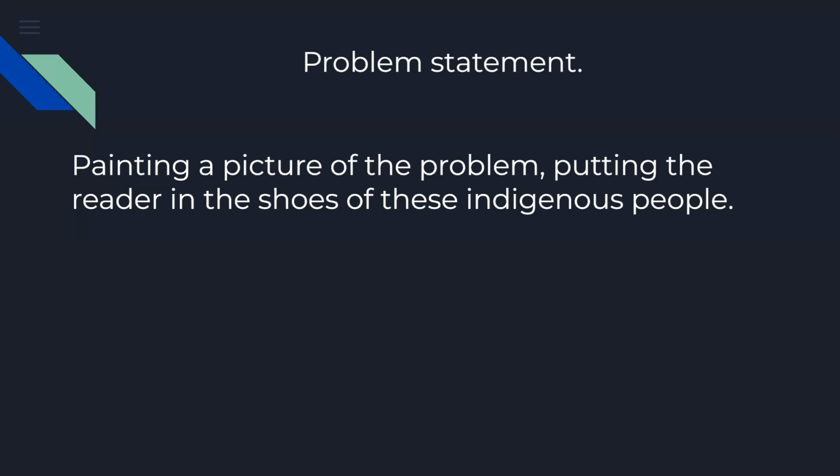So in the problem statement, you write: in this community, from this year to this year, this number of people have fallen sick, these have died, and so on. And because of this, that's why I'm intending to carry out a research in this area. So a problem statement paints a picture of how the problem is. It's putting the reader in your shoes so that they can feel exactly what you're feeling.